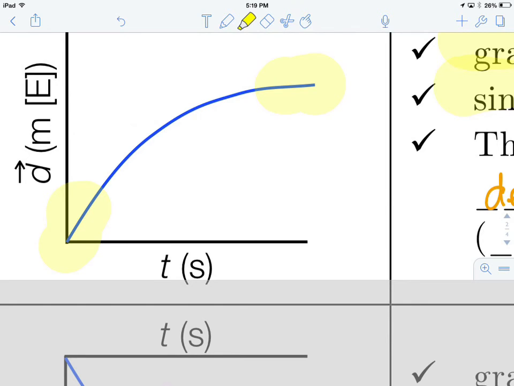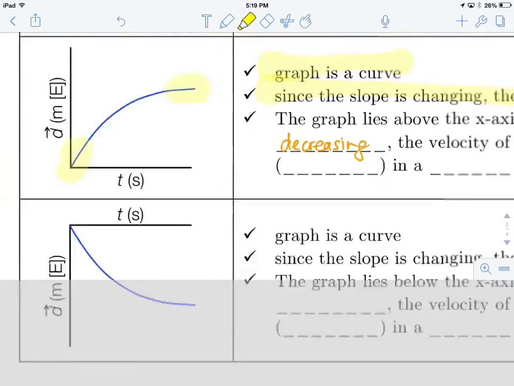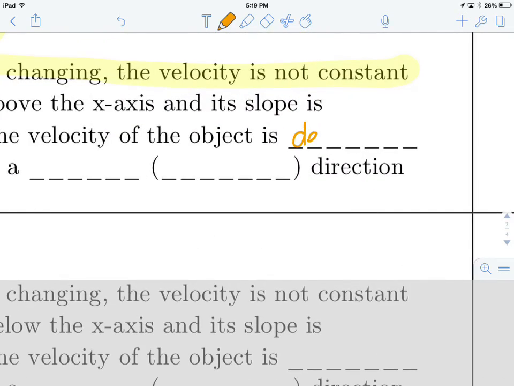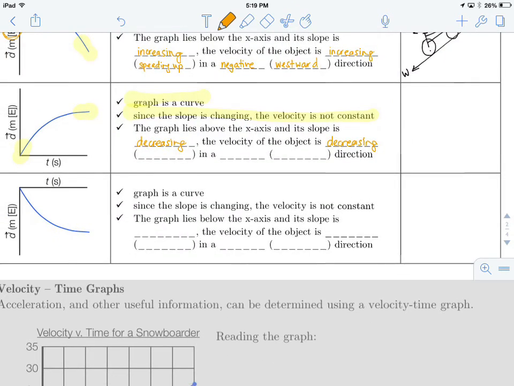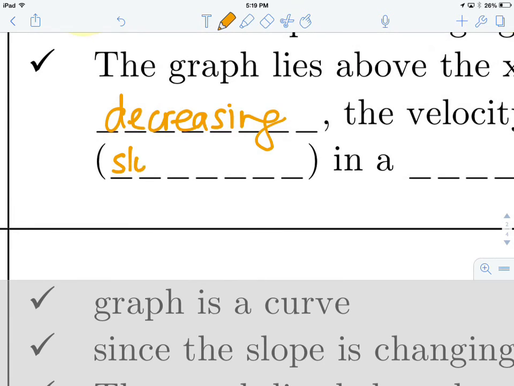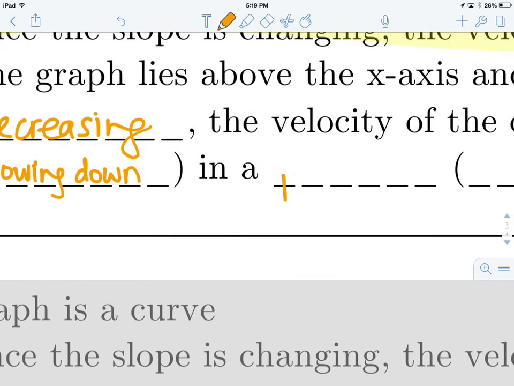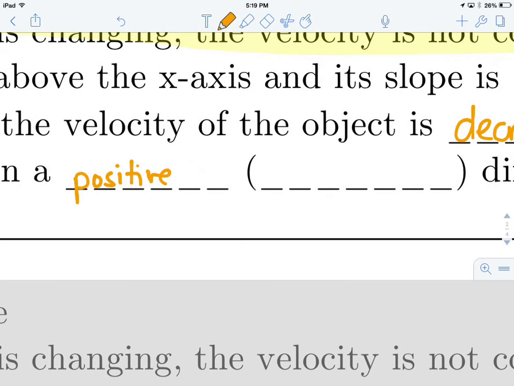So this starts off with a fast velocity and slows down. The velocity of this object is decreasing, which means slowing down. It's slowing down in a positive direction because it's above the axis, which is eastward.